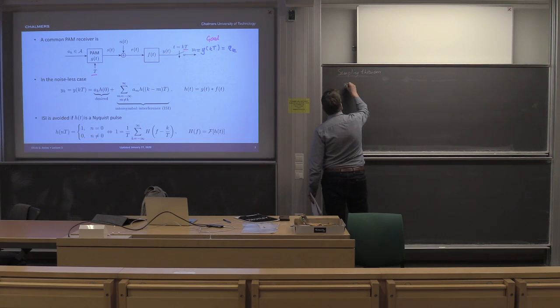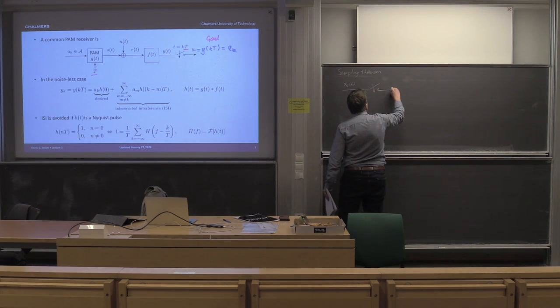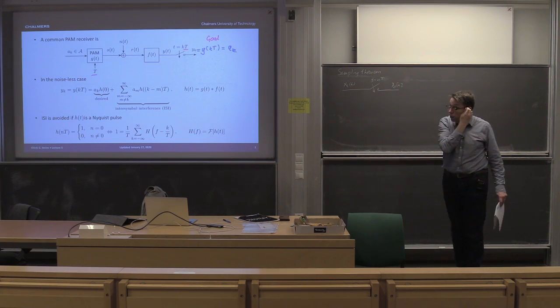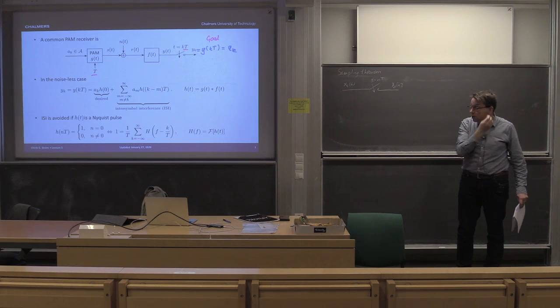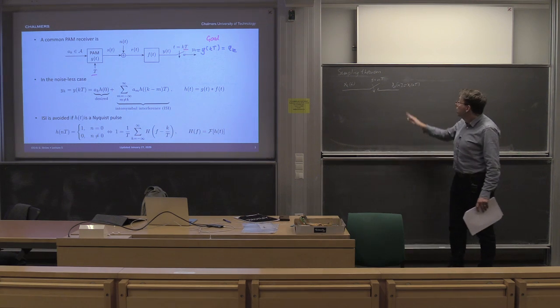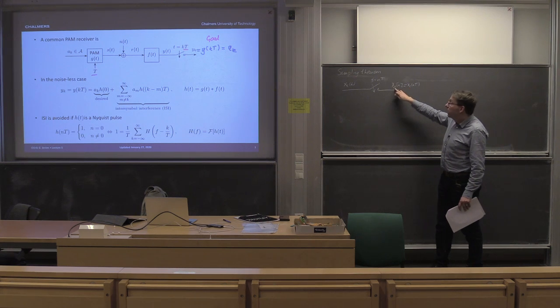So if we have a continuous signal xc of t that we sample every t seconds, we get a discrete version of the continuous signal xc, which is simply xc of nt, like this. Okay, so we have a continuous signal xc, and we have a discrete signal xd.